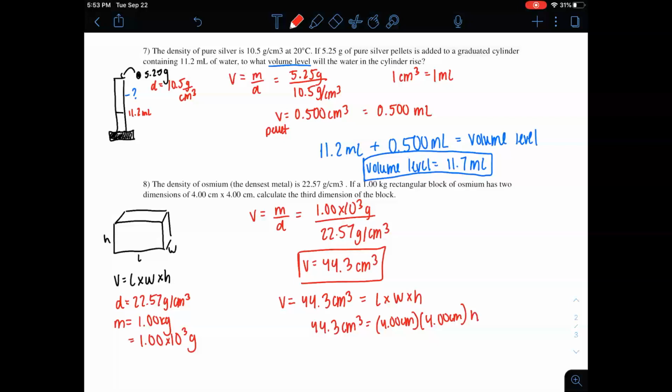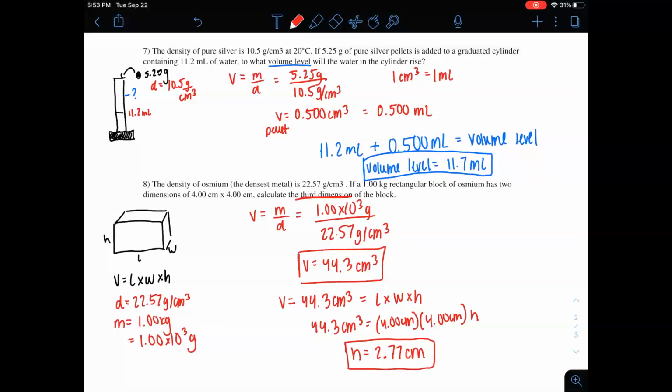So if I divide both sides by the 16 centimeters, I am left with a last dimension. I'm making it my height dimension, 2.77 centimeters, again keeping my sig figs consistent. So that third dimension there is 2.77 centimeters.